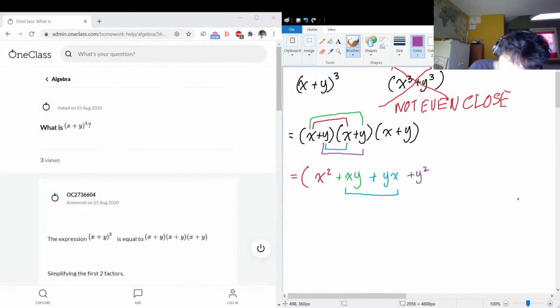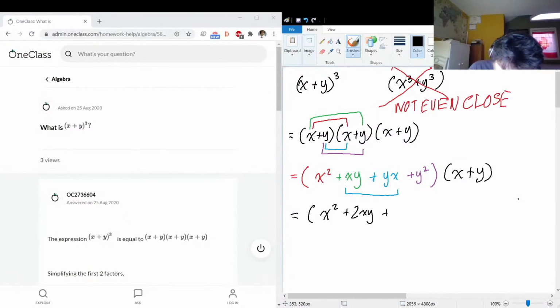Now keep in mind all of these are positive, so we're going to have positive answers. But if any of those was negative, we might see some negatives in your answer. Okay, and x plus y, because we left that there and we didn't really touch it yet. Okay, so let's combine the xy plus the yx. That's just 2xy. So that will just be x squared plus 2xy plus y squared, times x plus y.